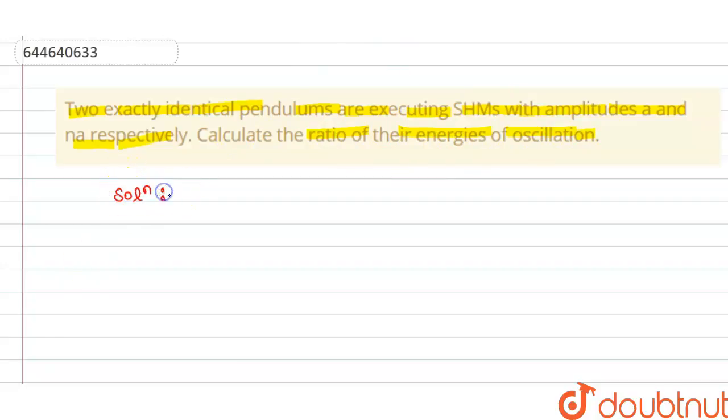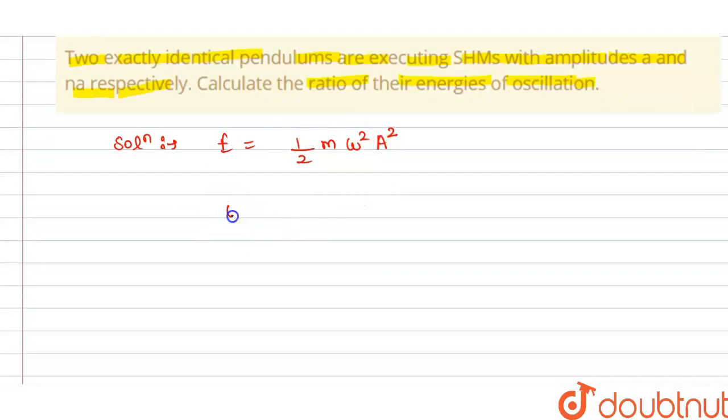So the solution of this question is, the energy formula for the oscillation is half m omega square times A square, where omega is angular frequency and A is amplitude.